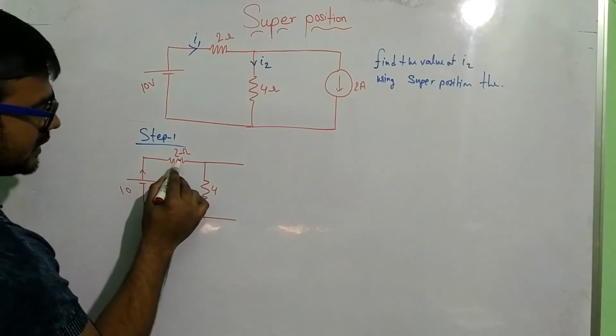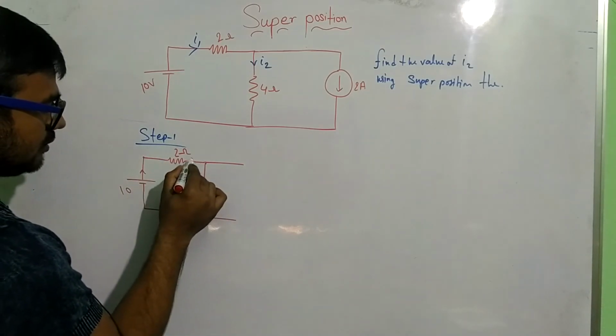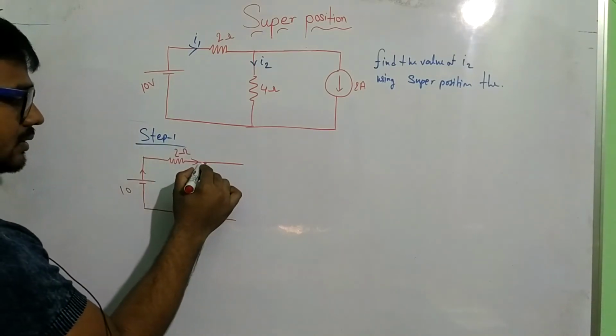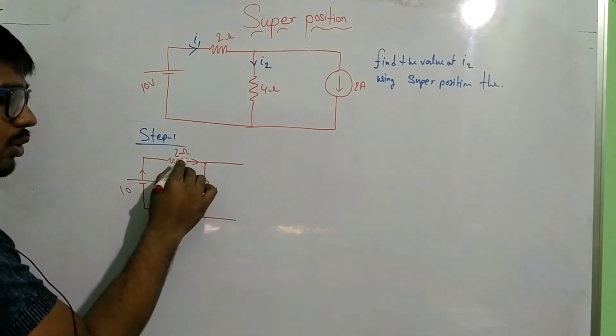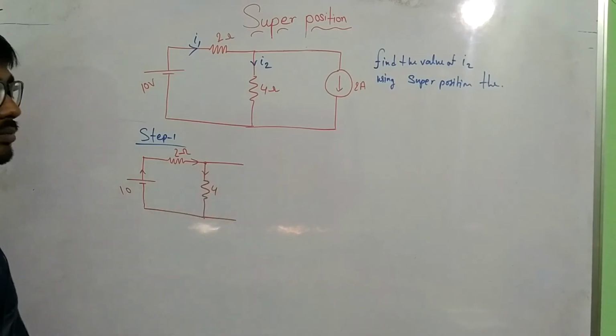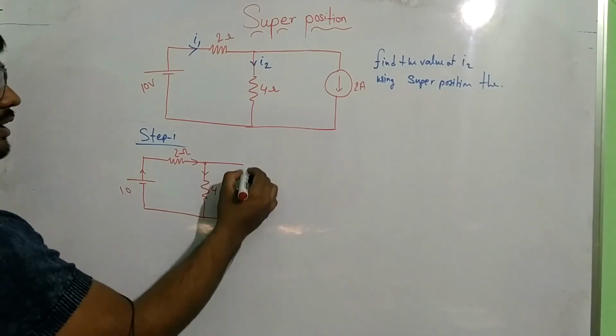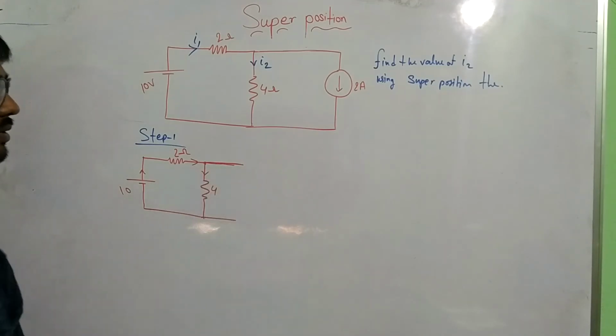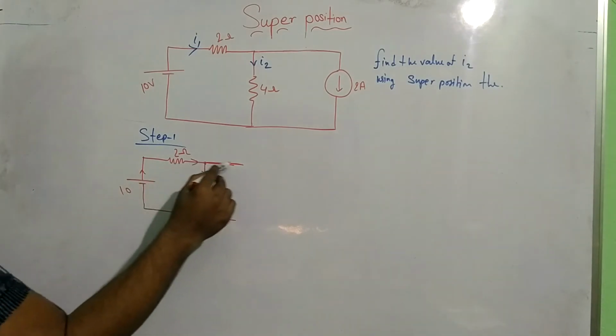When the current flows through this resistance and comes to this point, the whole current will flow through the 4 ohm, because this is an open circuit. So this branch is open, that's why no current flows through this branch.